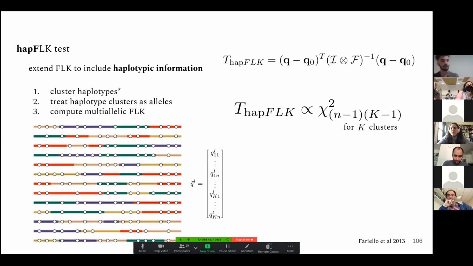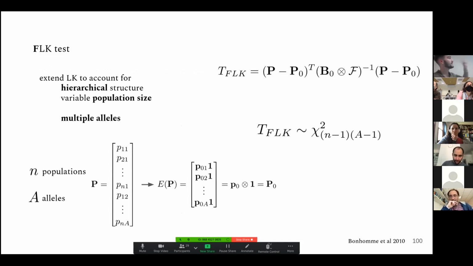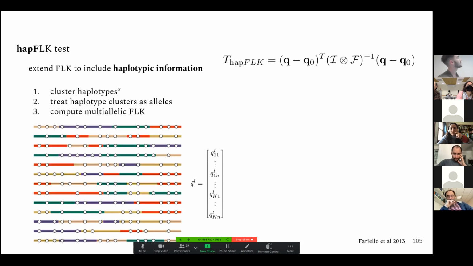So then it is proportional because of what you were saying, the B matrix. Here the TFLK is computed using a B0 matrix that includes information from the ancestral allelic frequencies. But when you compute the HAB-FLK statistic, you use an identity matrix.